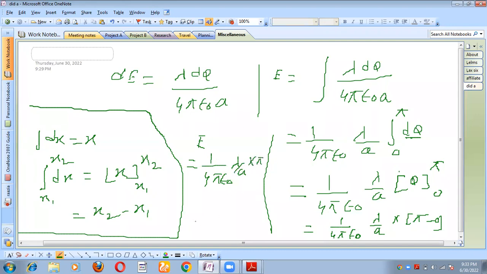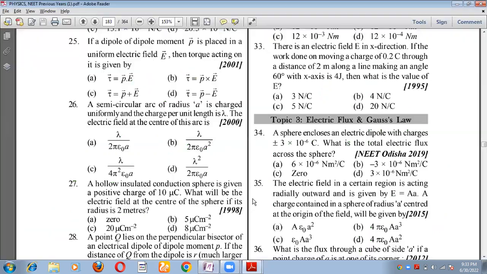Pi minus 0 will be pi. So it will come as lambda by 4 epsilon naught a. Is it dimensionally correct? Dimensionally it is correct. But if you see the option, it was 2 pi epsilon naught a, right?